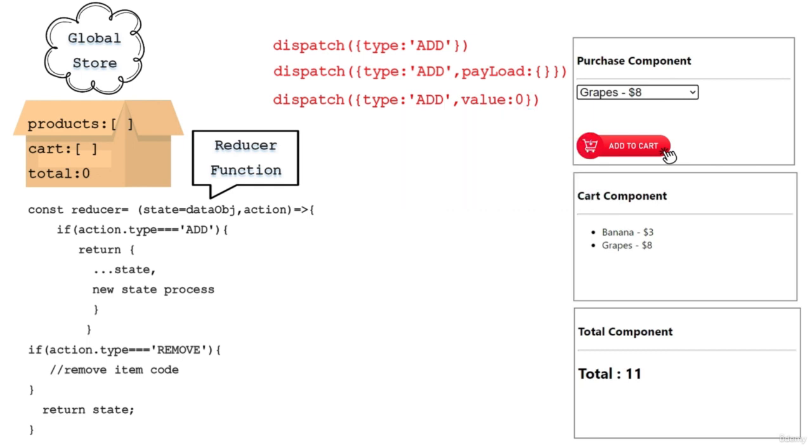In short, whatever information you pass with the dispatch is called payload, and you can name it whatever you want. Again, I just want to summarize that whenever there is an event, you actually dispatch the action, and whenever the dispatch method is called on any event, there will always be an object passed to the reducer.